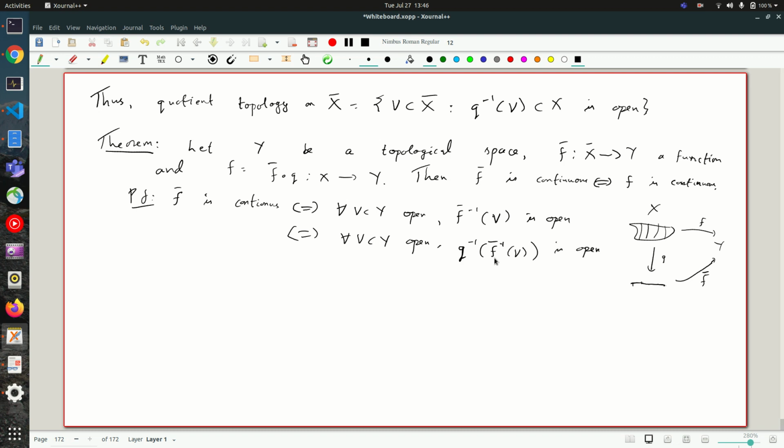But Q inverse of F bar inverse is actually (F bar composed with Q) inverse. I'm just writing it in a slightly verbose way for once. So for all V in Y open, this is open, but this is F. So for all V in Y open, F inverse of V is open. And the last one is obviously equivalent to F is continuous.